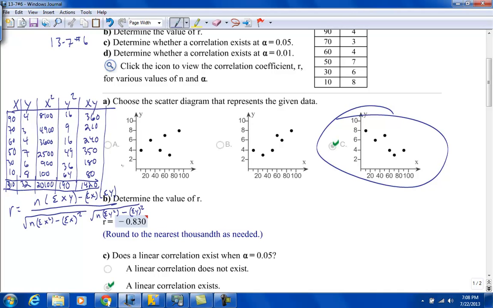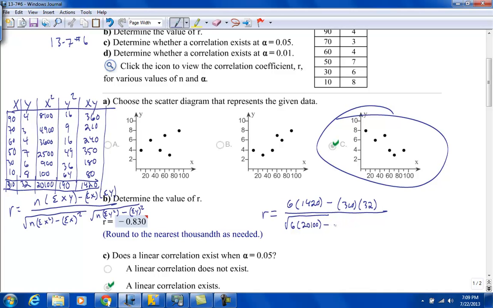So let's put all the parts where we need them. R is equal to, now we have 6 pairs, so n is 6 times our 1420 minus the sum of the x's, 310. The sum of the y's is 32, over the square root of 6 times the sum of the x squareds, 20100, minus the sum of the x's squared.